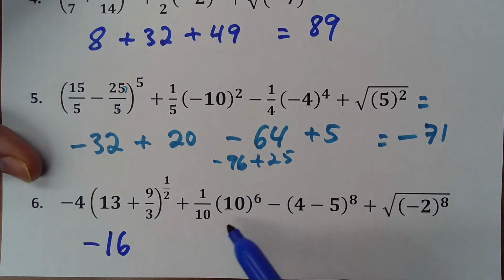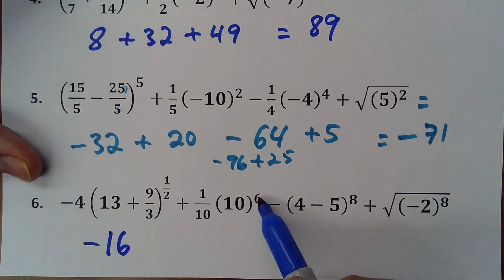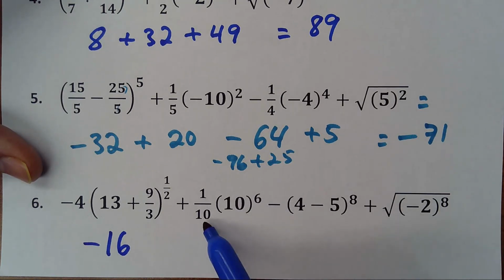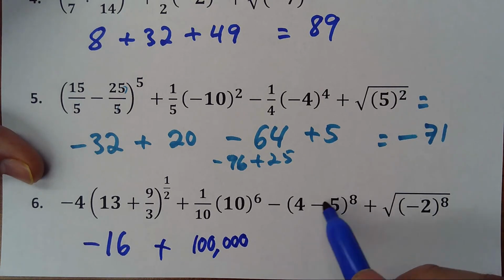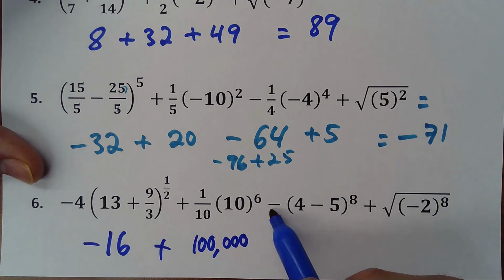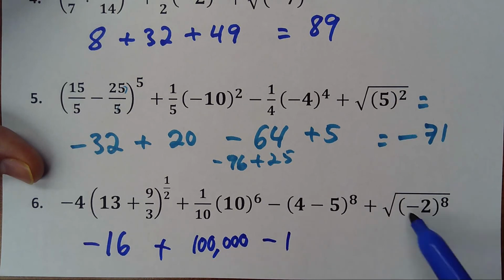So then we have here 10 to the 6th. That will be 6 zeros. We're talking about 1 million divided by 10, 100,000. Let's go here. 4 minus 1, negative 1, raised to the 8, 1 positive. With this minus will be minus 1. And then here it will be negative 2. This 8 I simplify with the 2 here. That will be 4.